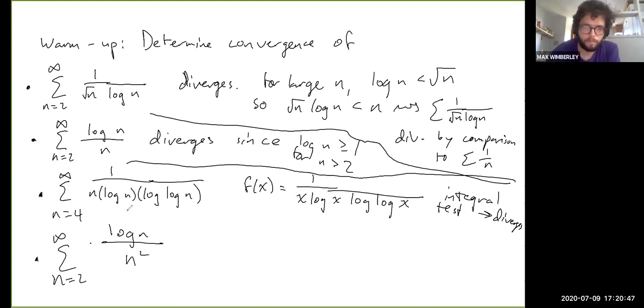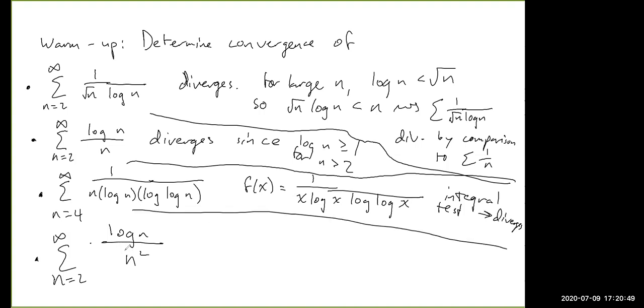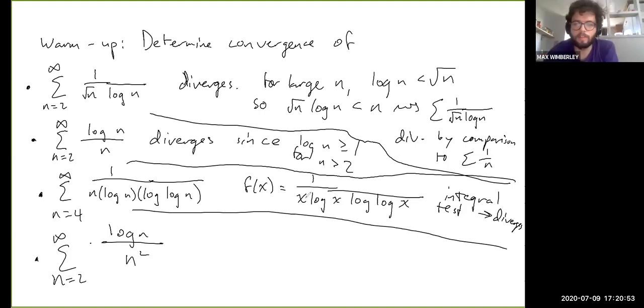Okay? Do we not need to prove the function's decreasing, or is that just obvious? Well, it's decreasing because log is an increasing function. So log of x is increasing, and x is, of course, increasing. So if you take 1 over an increasing function, you get a decreasing function.